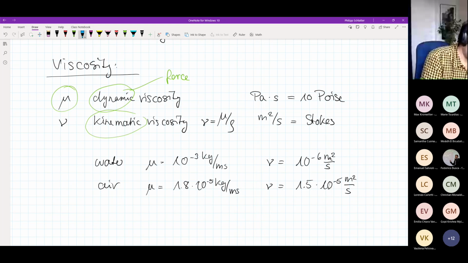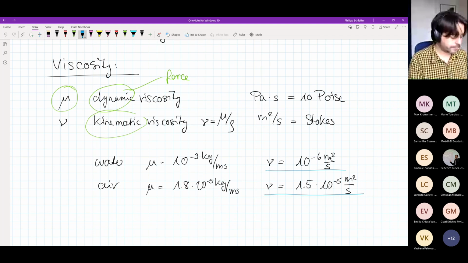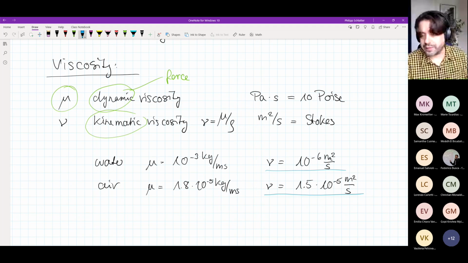Namely, the kinematic viscosity of air is larger than that of water. Of course, this is only for the kinematics, because you have divided out the density, and because the density is also very different, that's why you see this difference. But it's important to keep in mind that the viscosity that we actually feel is the dynamic viscosity, because that's the one that relates to forces.